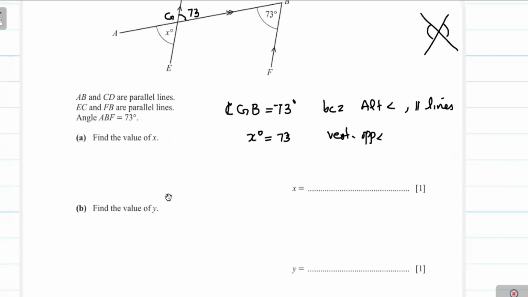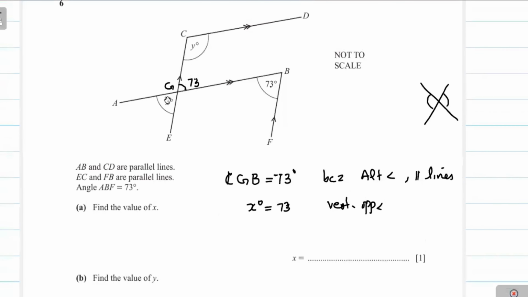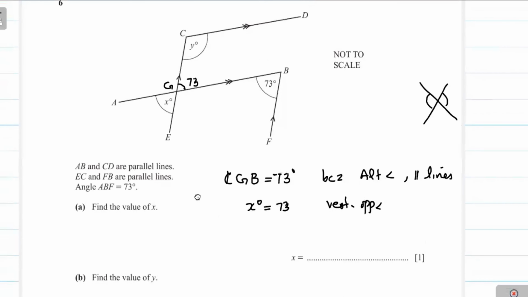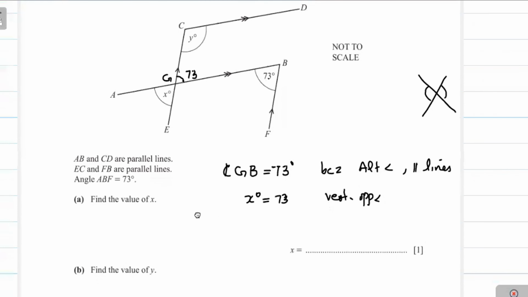Next, part B, find the value of y. You see here these two lines, CD and AB are parallel, and these two angles are co-interior angles in parallel lines. Therefore, the sum of co-interior angles of parallel lines equals 180.